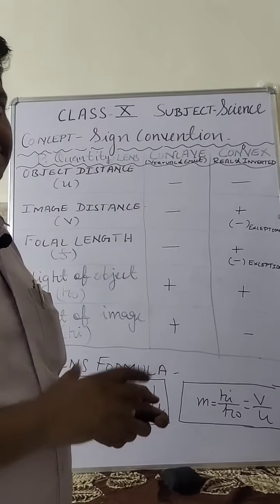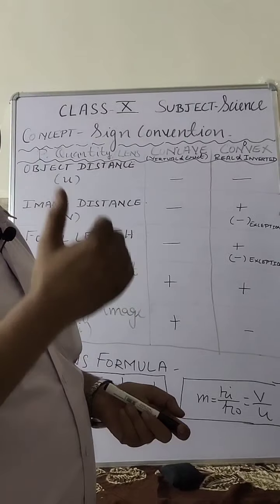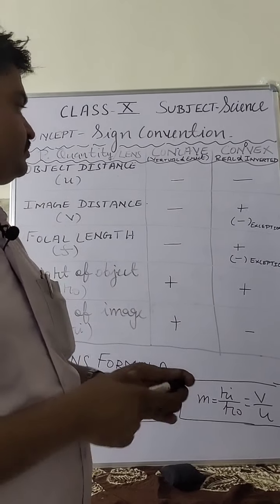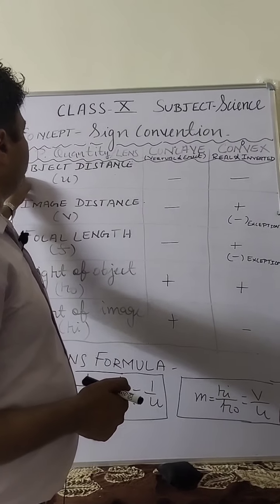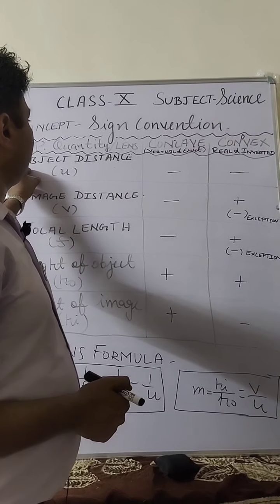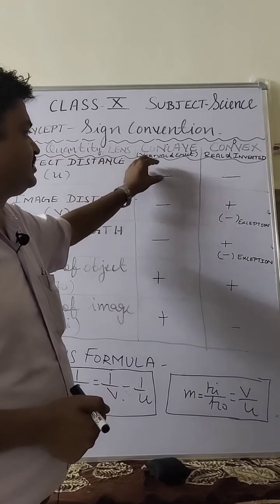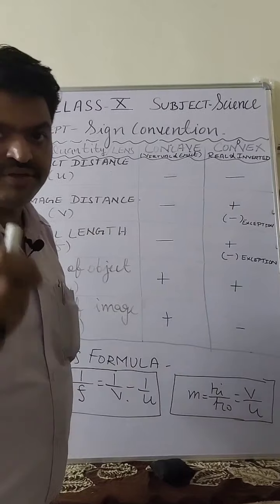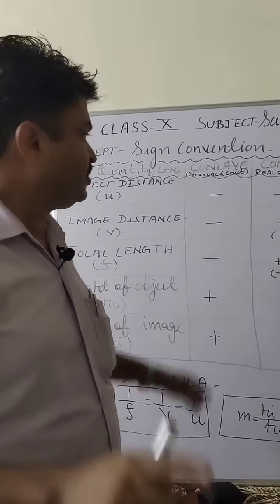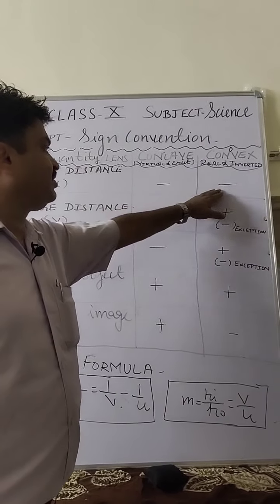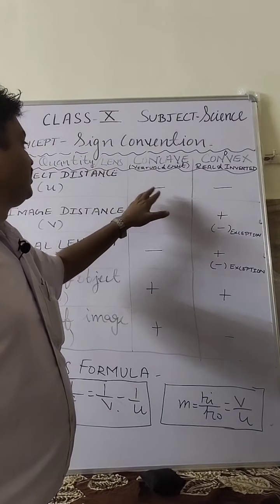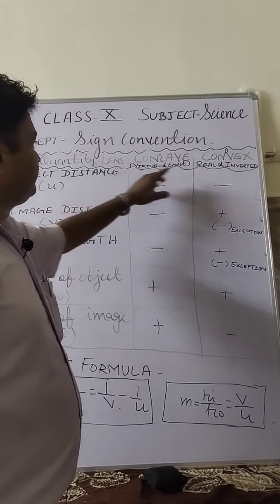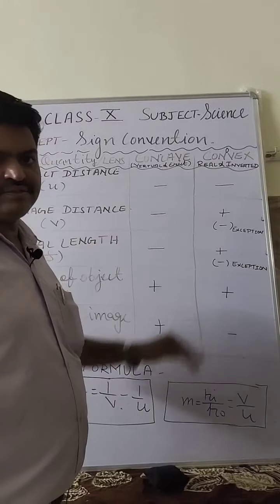So according to their image, their sign convention is changed. Like if we speak about the object distance, then in both the cases the sign convention that we use is negative, student, in concave lens or in convex lens.